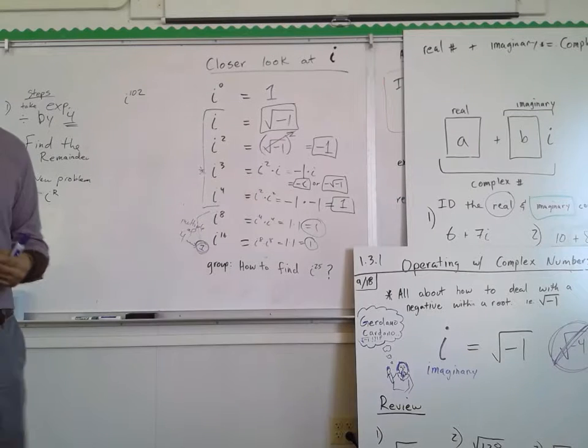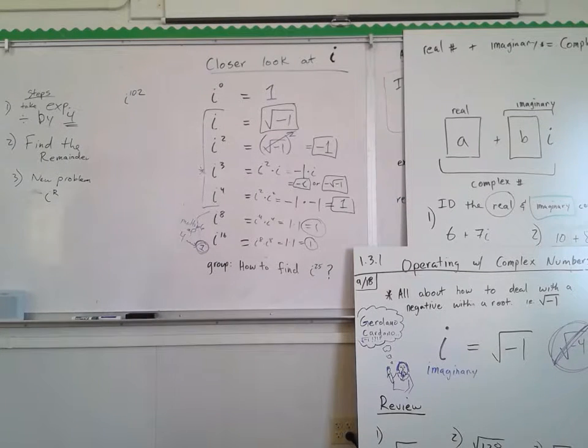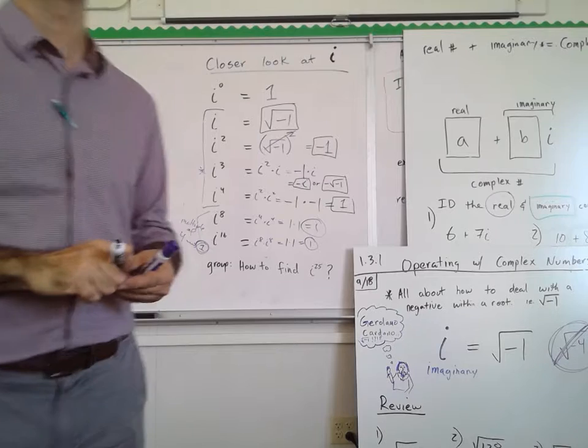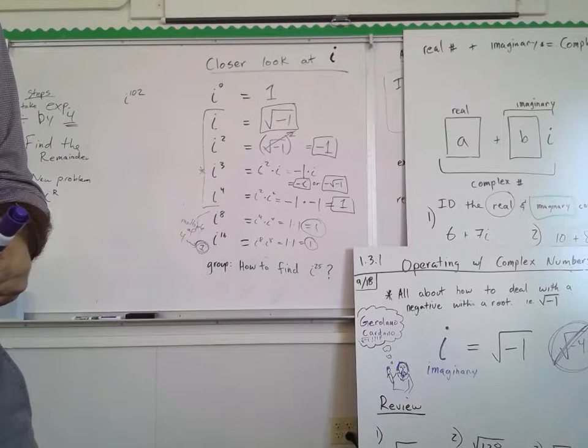So you might be at the point where you might be able to see it. Because you divide real quick by 4, you get the remainder, boom, you know the answer. William, and there's no remainder, does that mean the answer is 1?